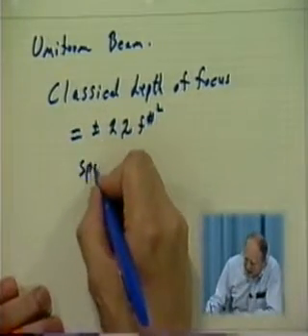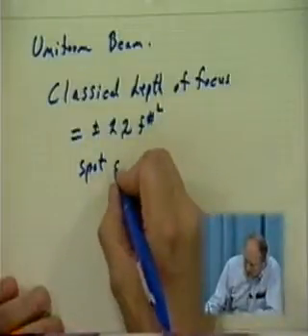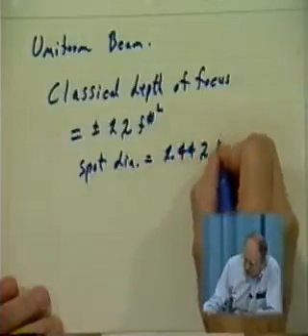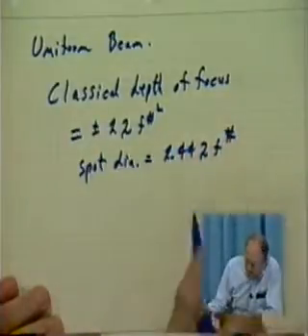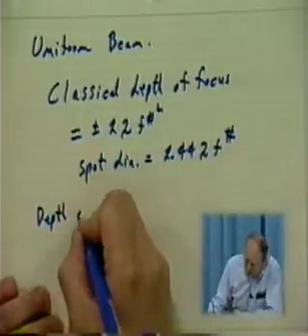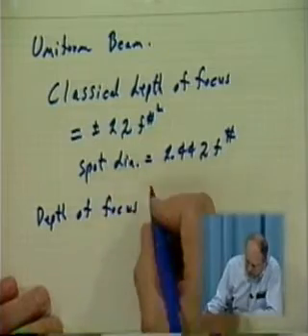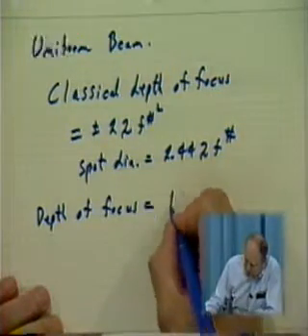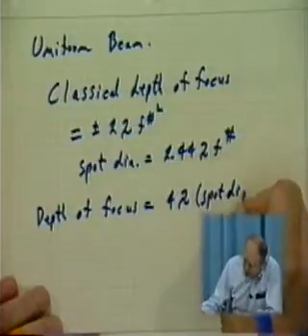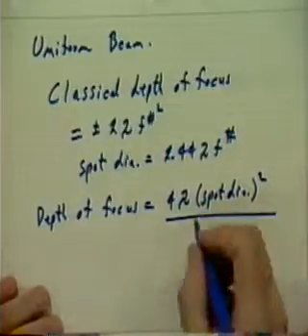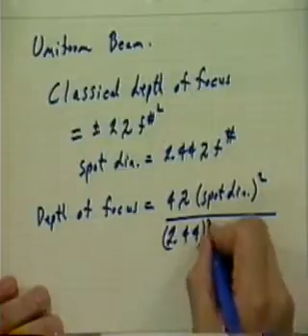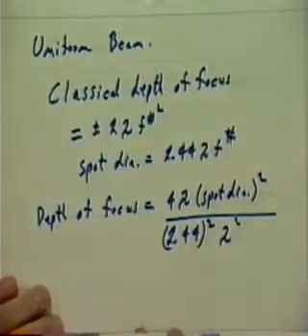The spot diameter, Airy disk diameter, is 2.44 lambda f number. And so the depth of focus here we could write as 4 lambda times spot diameter squared over 2.44 squared lambda squared.